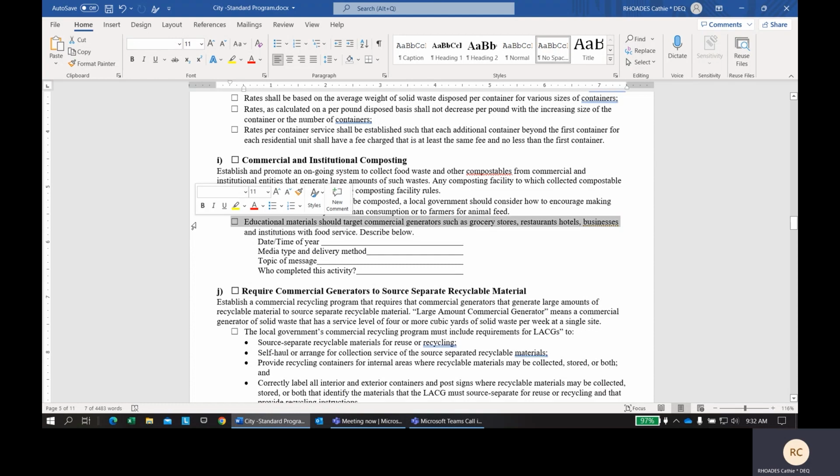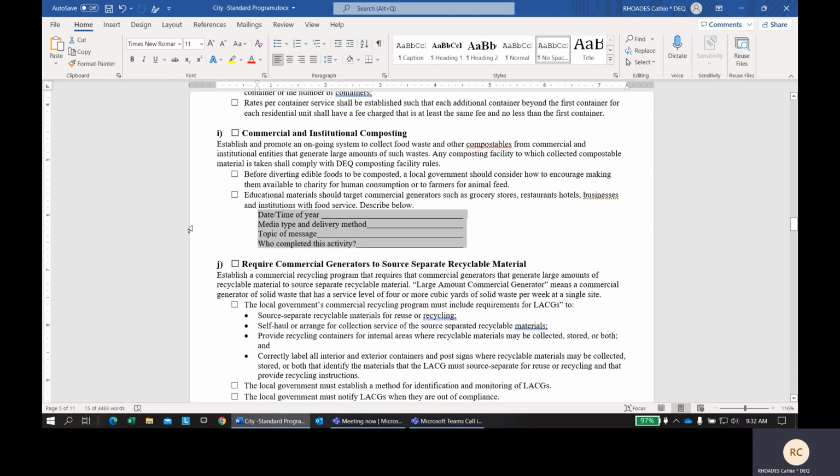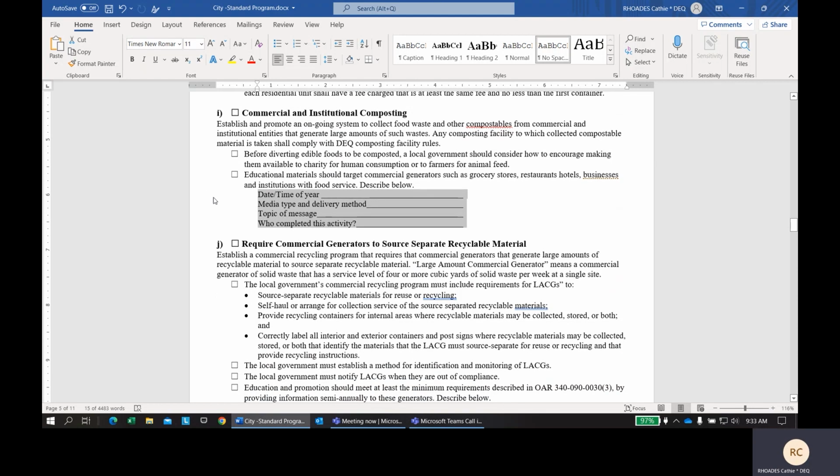And next, there is an educational component that targets commercial generators such as grocery stores, restaurants, hotels, businesses, and other institutions that have food service. There is an educational component to this as well. You need to get information out to these generators so they know how to compost their food waste.